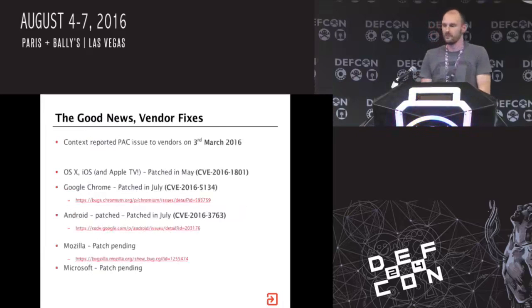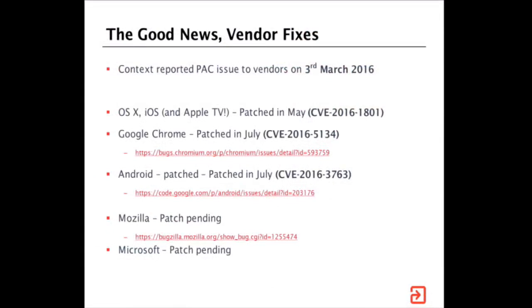So the good news: we reported this issue to vendors back in March, and a lot of them have fixed it. Apple came out pretty quick, releasing fixes for OS X, iOS, and Apple TV. Didn't know they still did that. Google Chrome patched just a few weeks ago. In fact, I was setting up these demos and I couldn't work out why they weren't working the other day. It's because my Chrome had automatically updated and I had to downgrade it again.